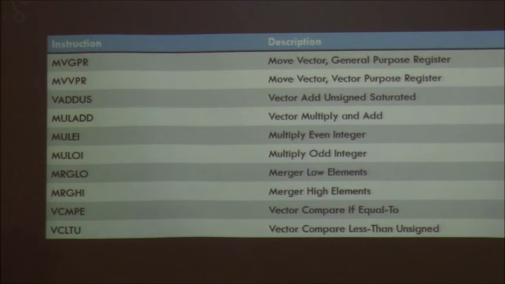And then move vector, vector purpose register takes a vector and puts it into two registers. And then vector add unsigned saturated, vector multiply and add, multiply even integer. I'll go over all these in a few seconds. Merge low, merge high, compare, then I compare less than.